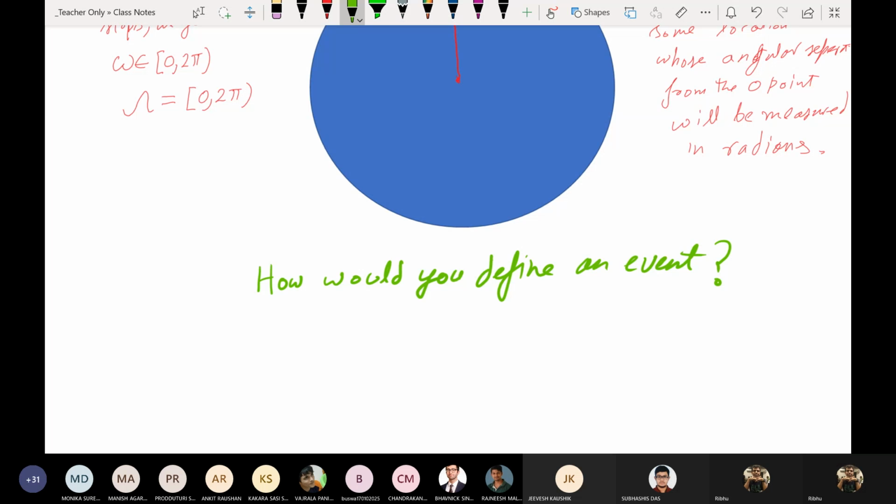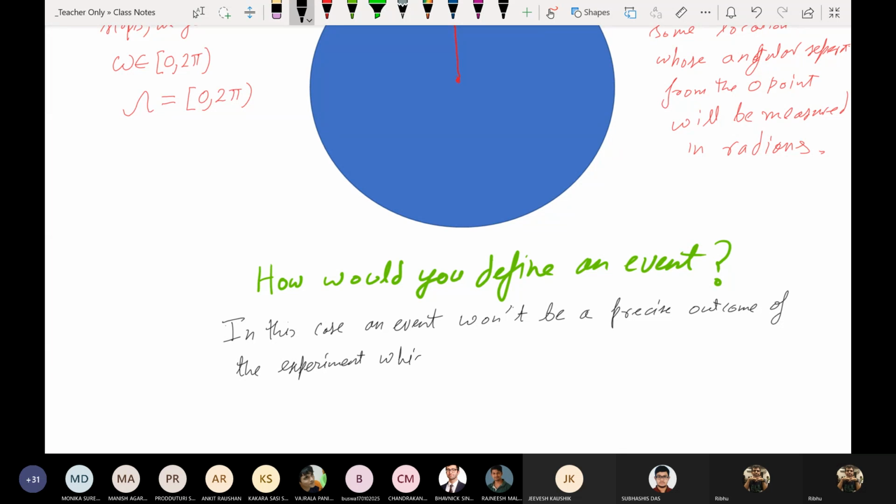So in this case, an event won't be a precise outcome of the experiment, because one outcome of this experiment is an infinite precision real number.